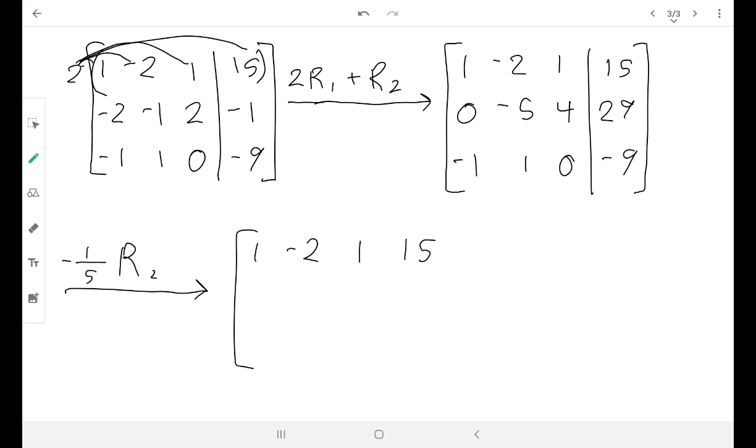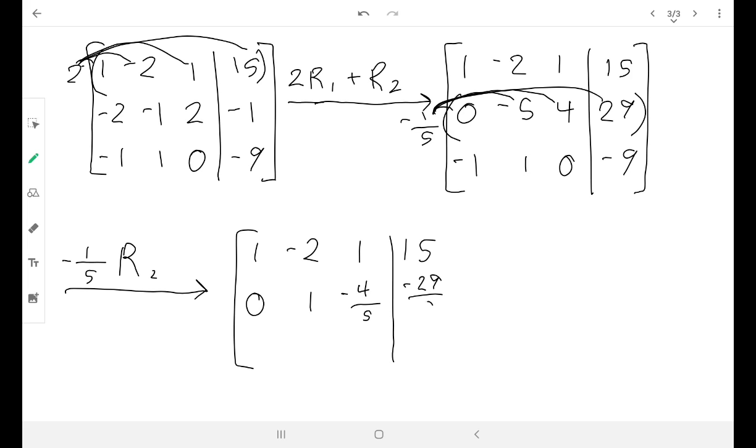So then we're taking this second row, multiplying it by -1/5, so times 0 is still 0, times -5 is +1, that's what I really wanted, times 4 is -4/5, and times 29 is -29/5, and we'll deal with that later as we go.